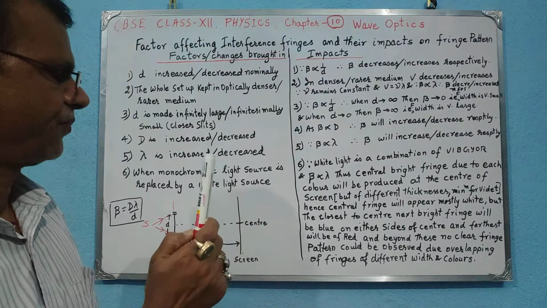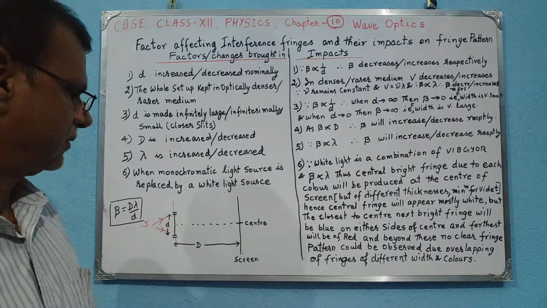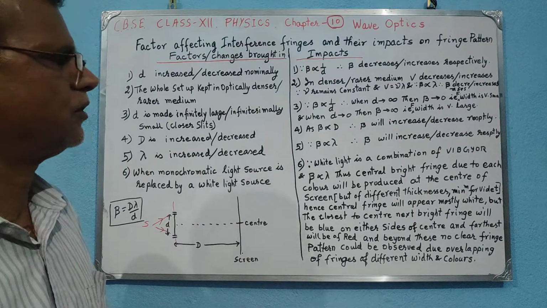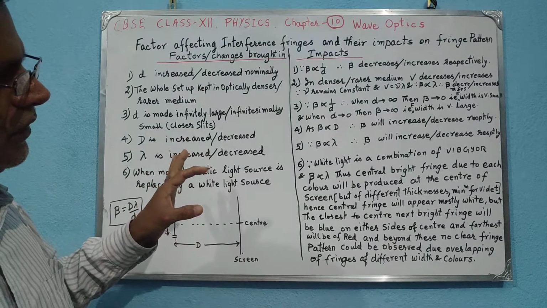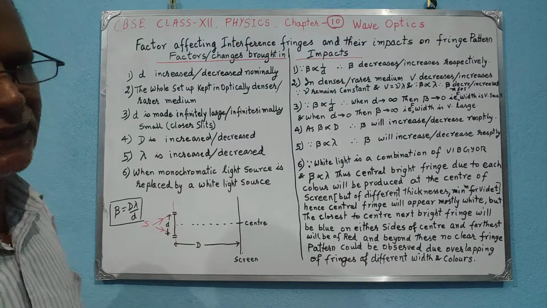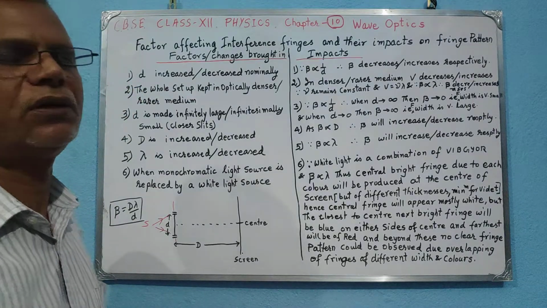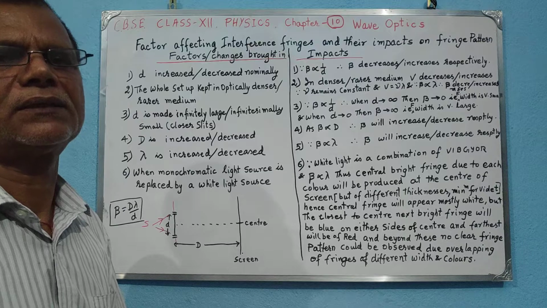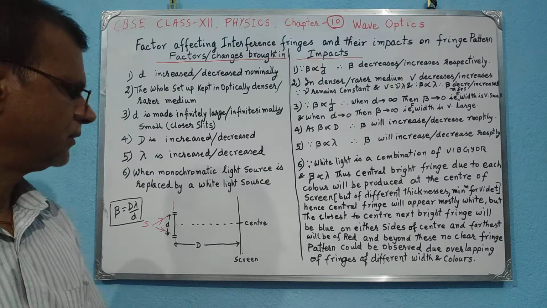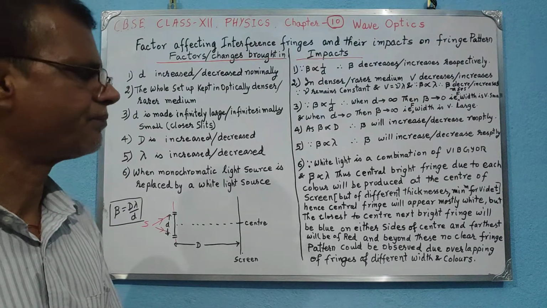Beyond that, all the other patterns will be repeated and they will overlap each other, and as a result we don't have any clear fringe color formed and observed.